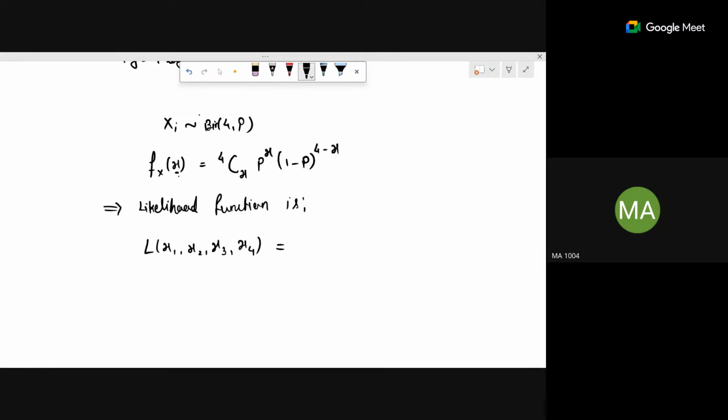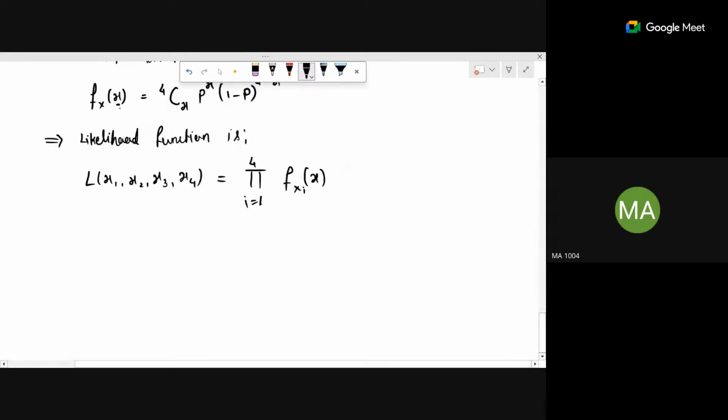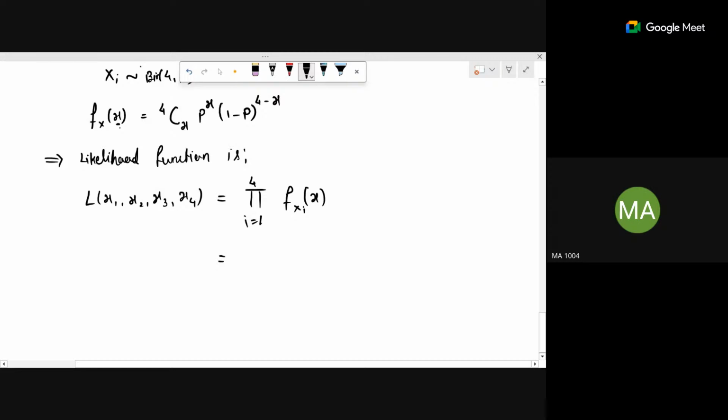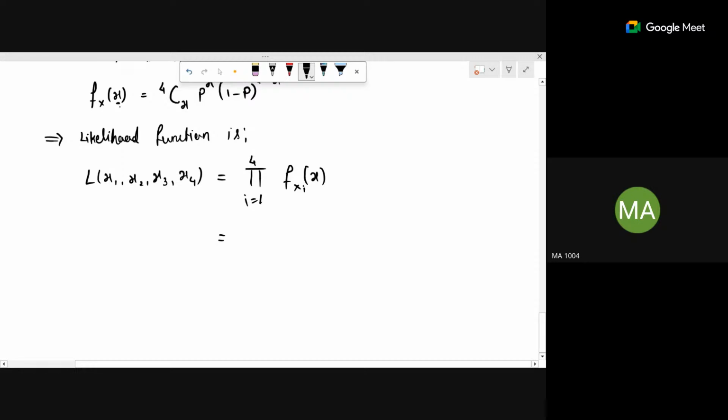That will be a product for 4 times, 1 to 4, f xi of x. Then we can just substitute the values also directly, because that is also easy to deal with as we have a sample also. But let's take it directly.